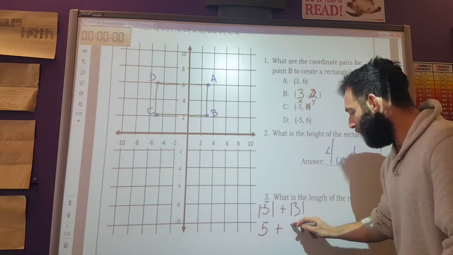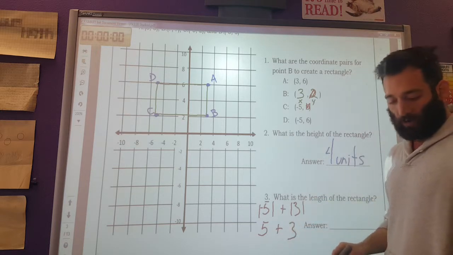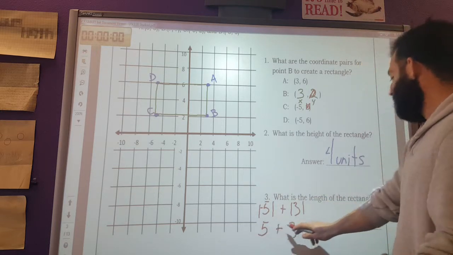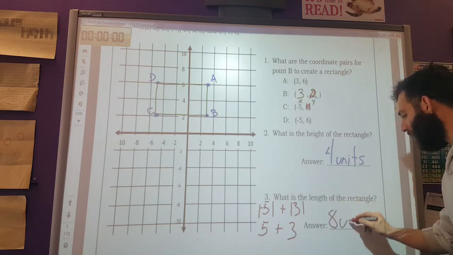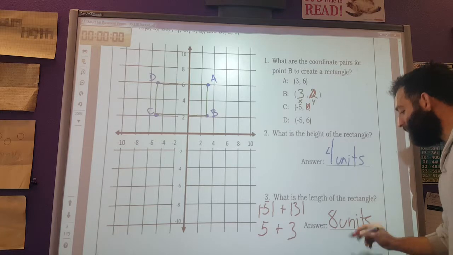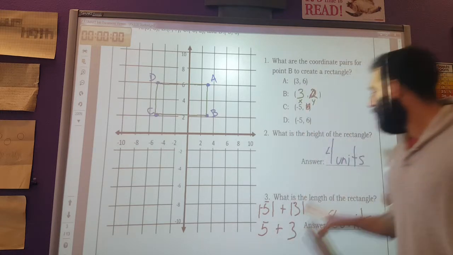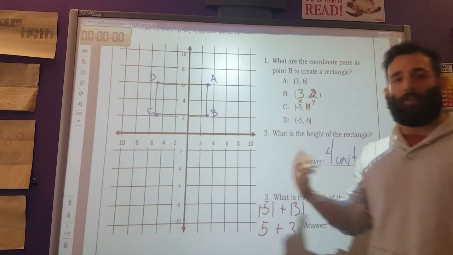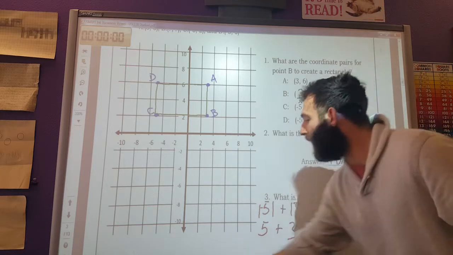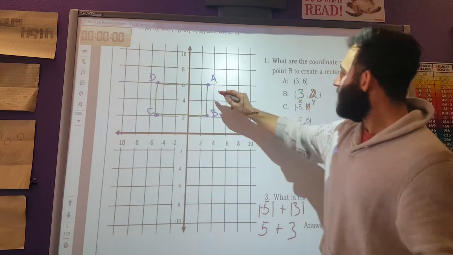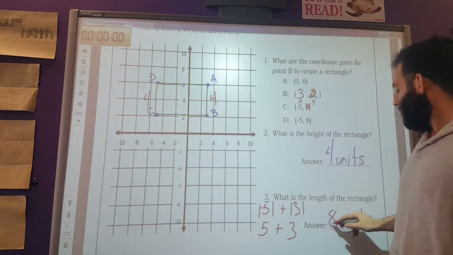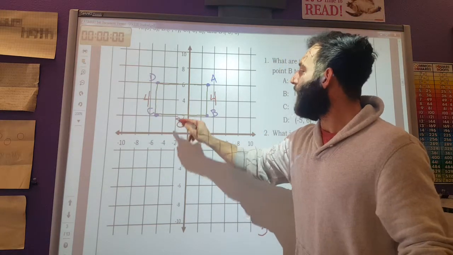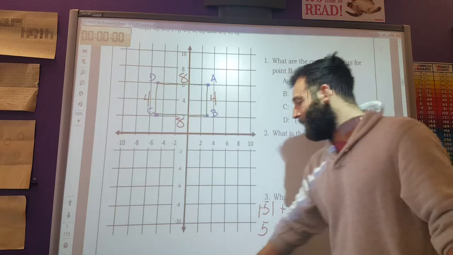And the absolute value of 3 is 3. That's 3 units away from 0. So I have a length of 5 plus 3, which gives me 8 units. And now that I know the height and the length of this rectangle, I can fill that in on my grid. So my height here is 4 and 4, while my length is 8 and 8.